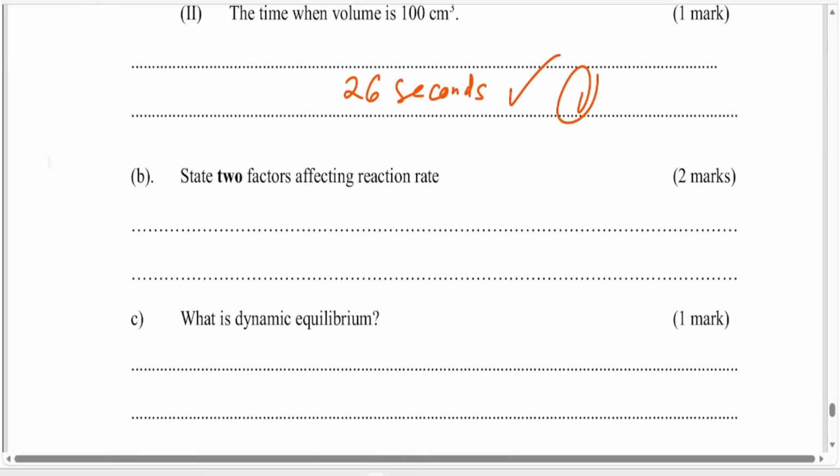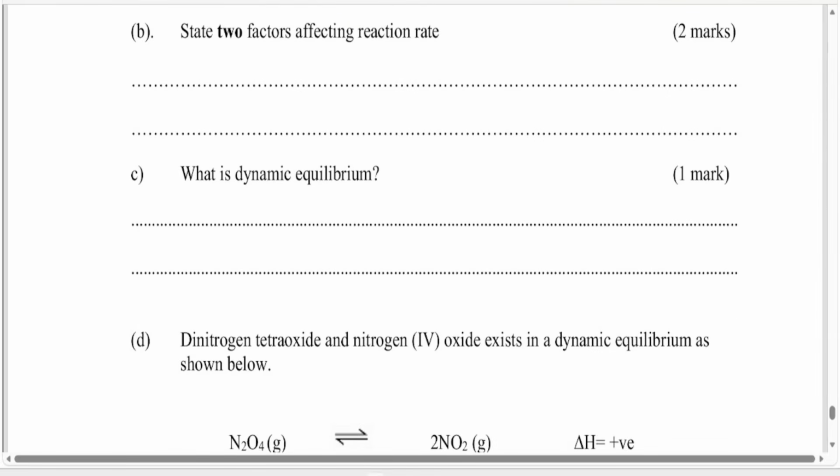Next question. State two factors affecting the rate of a reaction. We have several factors that affect the rate of a reaction. In the reaction rates topic, we learned several of them. One of the factors is concentration. When concentration is altered, the rate may decrease or increase.